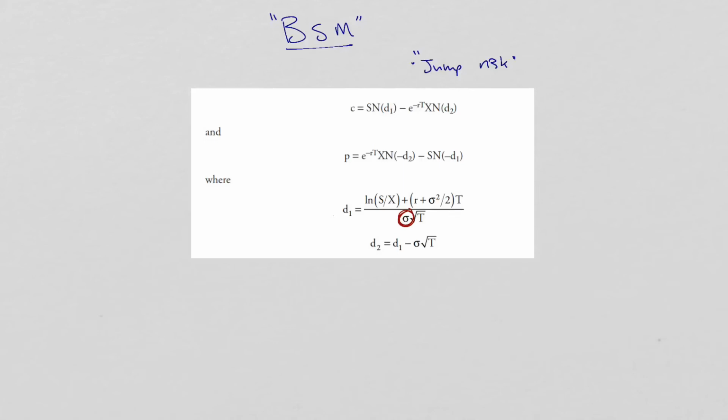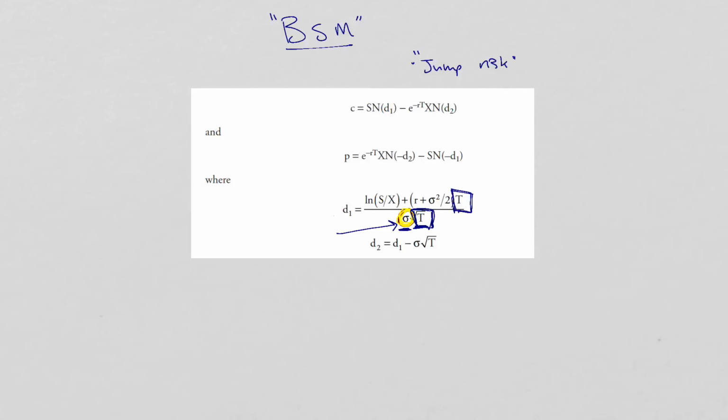Now, one thing that's important to know is that, in the formula, theoretically this is the expected volatility of the stock for the duration of the option. So it's the estimate of future volatility for at least as long as this option is going to be around, time t here.